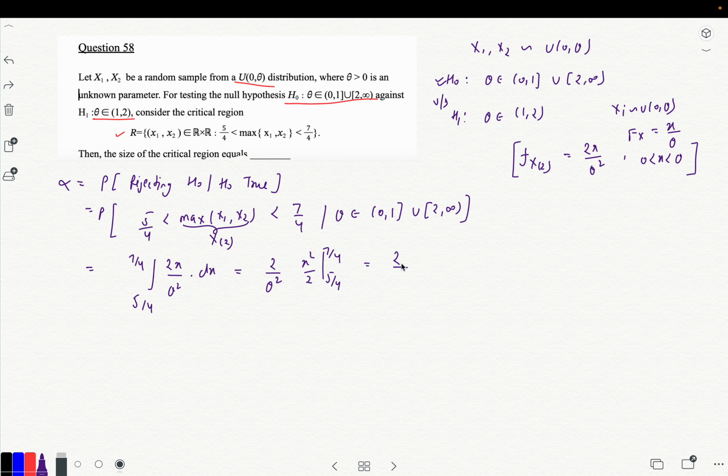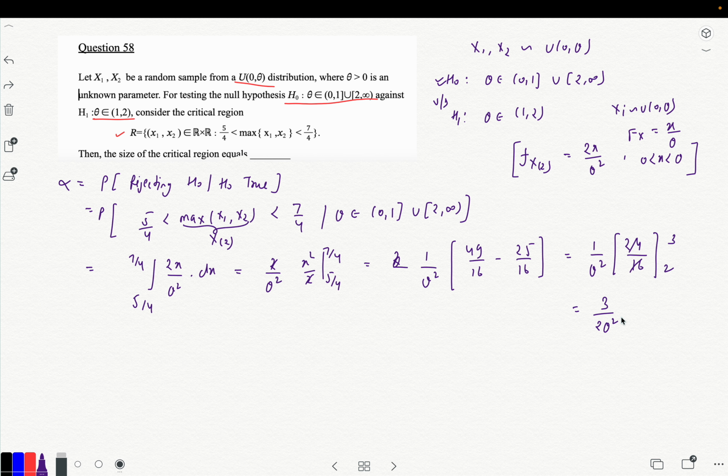The 2 and 2 cancel out, and we have 1 by theta square times (49 by 16 minus 25 by 16). That's a very simple calculation. The main task is what value I should choose for theta. 24 by 16, so it would be 3 by 2 theta square. That's what we have. Now I just want someone to give me the value of theta and I'll get my result.